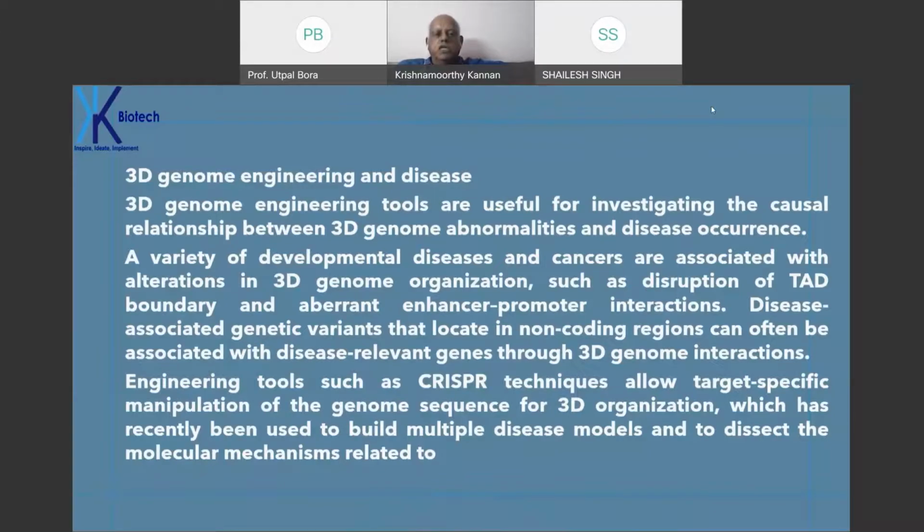Disease-associated genetic variants that locate in non-coding regions can often be associated with disease-relevant genes through 3D genome interaction. Engineering tools such as CRISPR techniques allow target-specific manipulation of genome sequence for 3D organization, which has recently been used to build multiple disease models and to dissect the molecular mechanisms related to them. The only thing is, we have to make sure that the change happens only at that point and nowhere else, and what is the consequence of that.